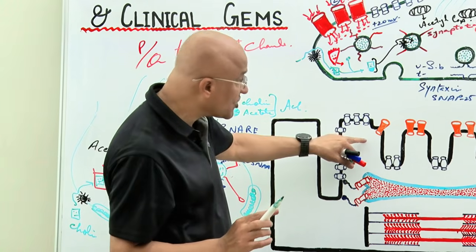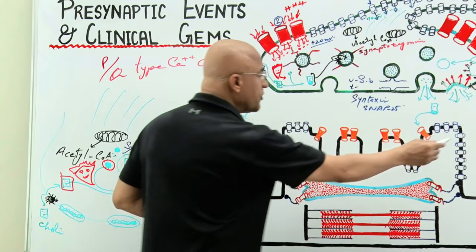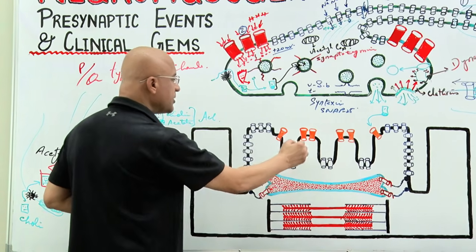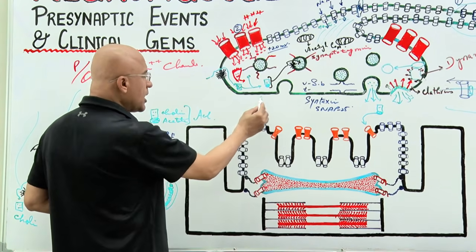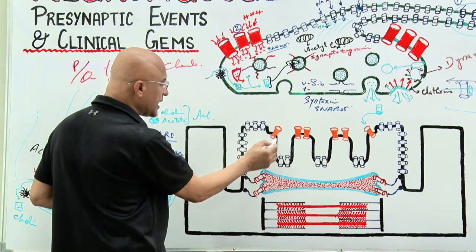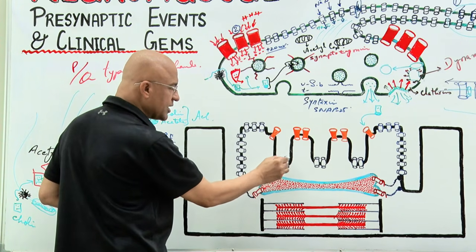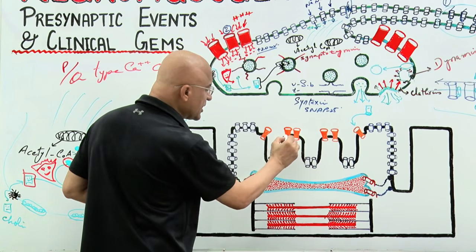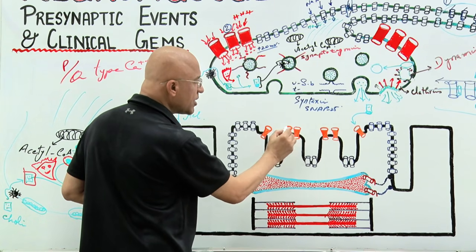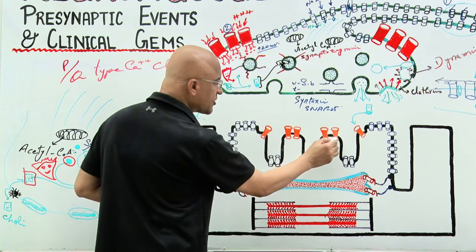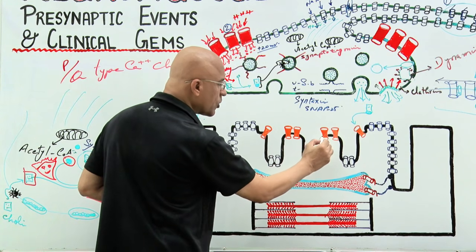If you go to the postsynaptic membrane, that is also very much folded to increase its surface area. Now, this is the crest area, this is the trough area. Now, this crest area has cholinergic receptors.